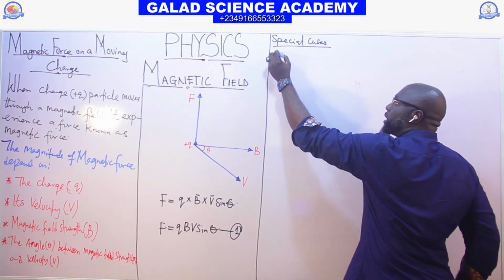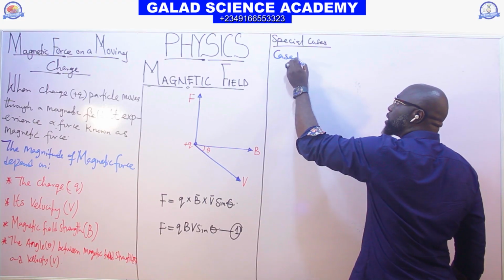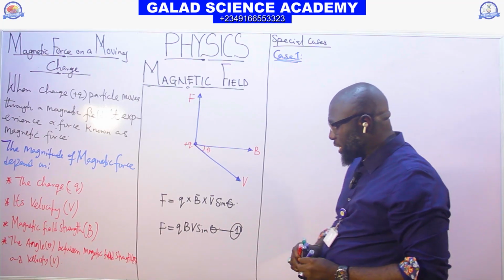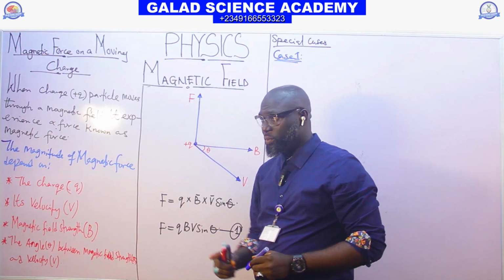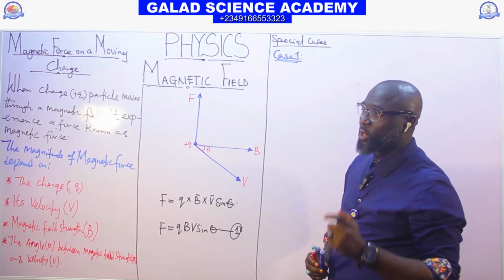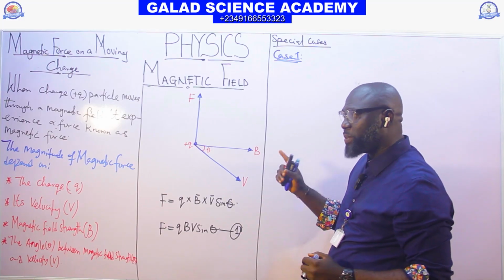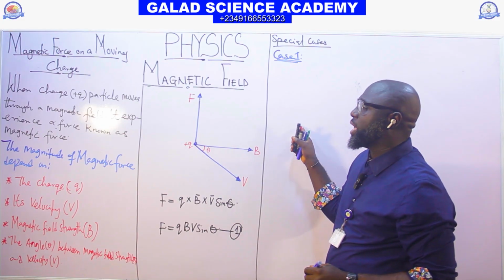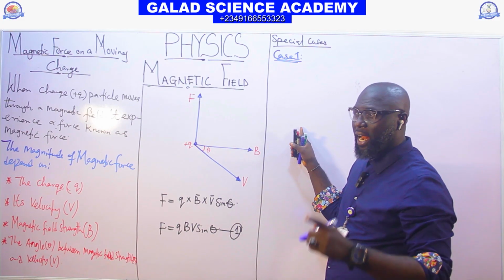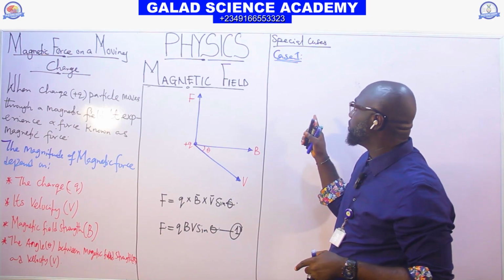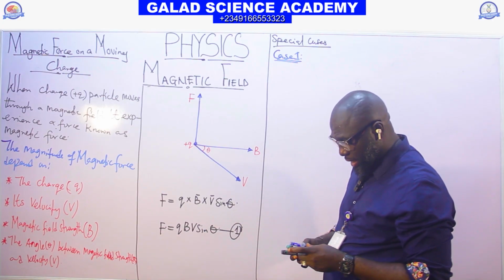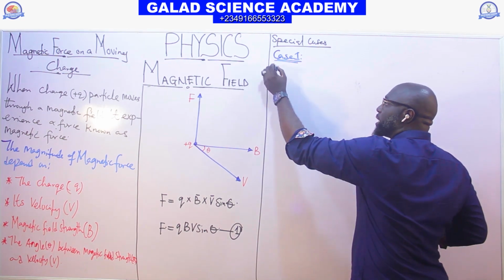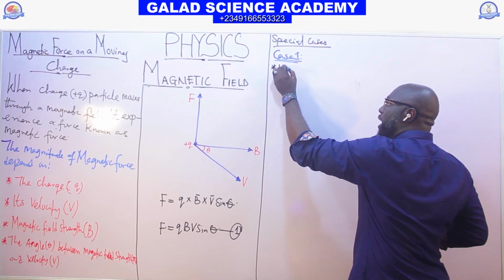Case 1 says that when the direction of motion, which is velocity, of the charge is parallel and in the same direction as the magnetic field.